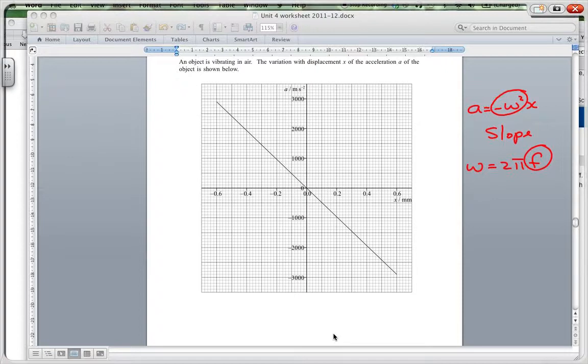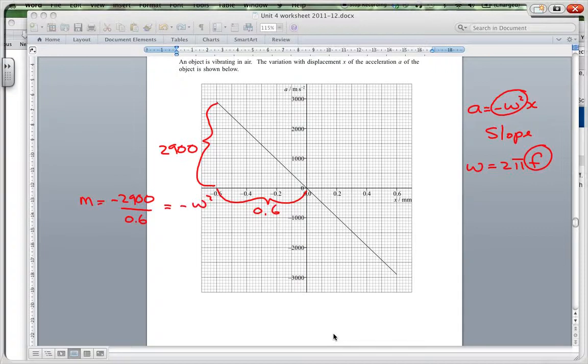Okay, so looking at that, probably the easiest to use, this is going up to 2,900, so this value is 2,900, and here we've got 0.6. So our slope, our m, is equal to minus 2,900 divided by 0.6, which is equal to our minus omega squared.